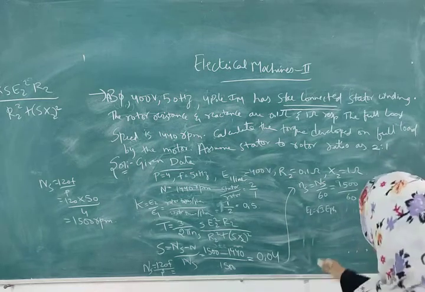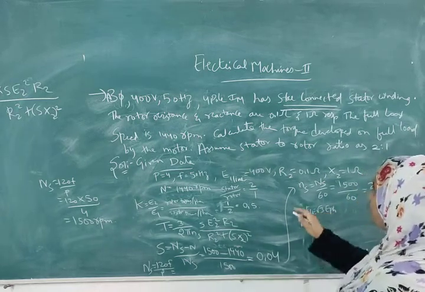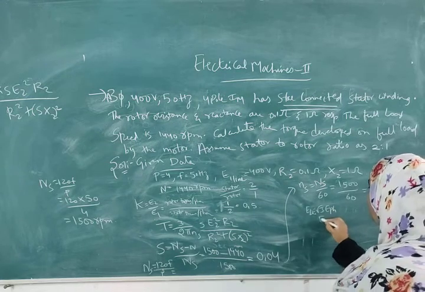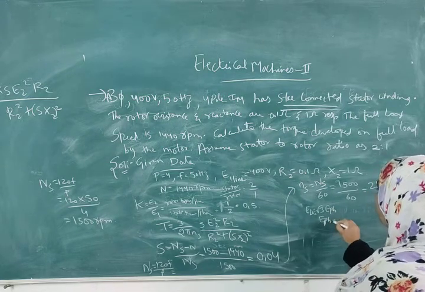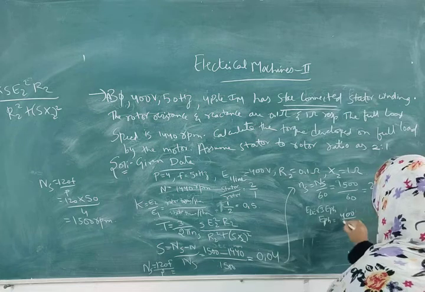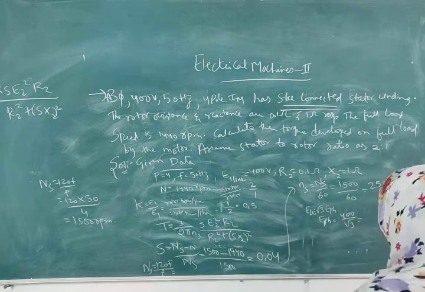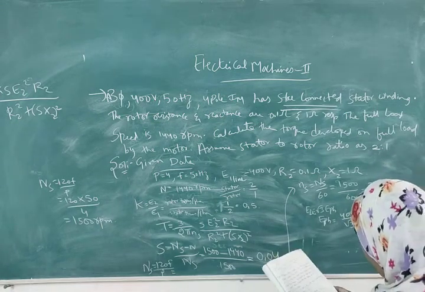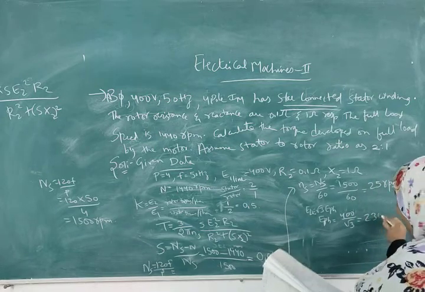So here line voltage is 400, phase voltage you have to calculate. E1 phase is 400 divided by √3. So 400 by √3 value is 230.94 volts.